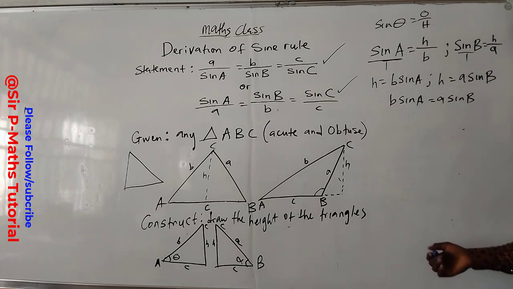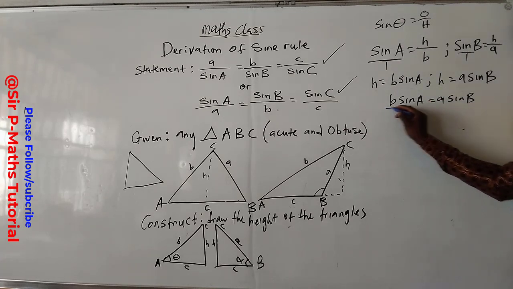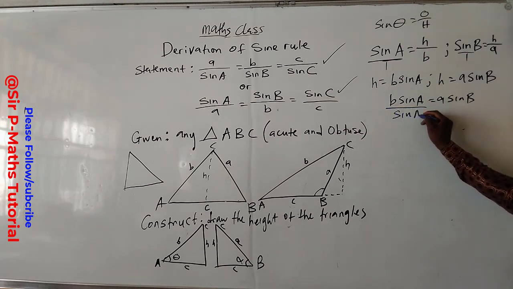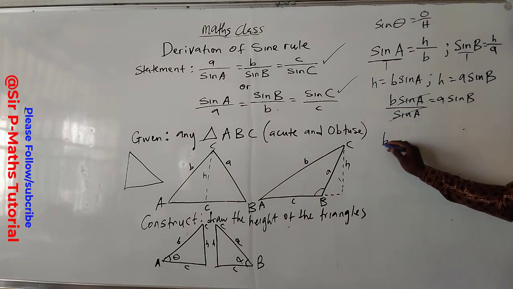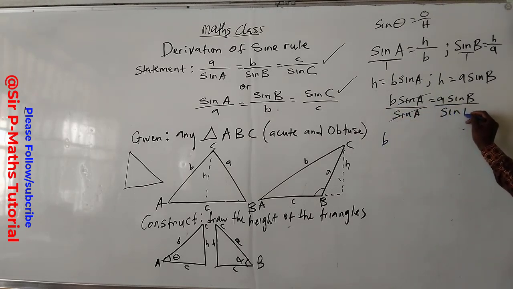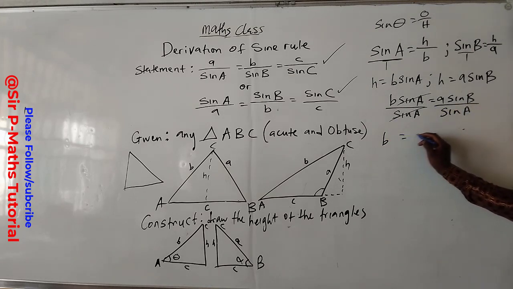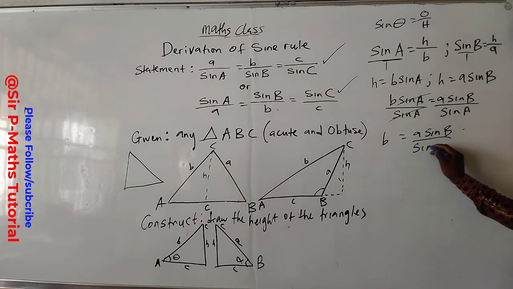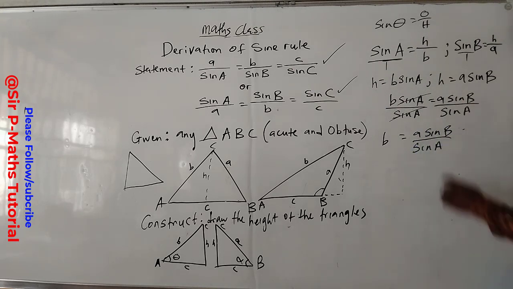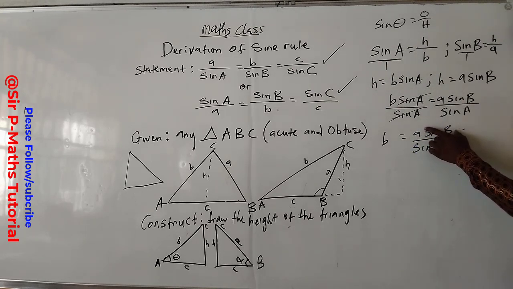But there is a way to derive it actually. Let's derive it. Divide both sides by sine a. Sine a will cancel sine a. I'll have b, okay, both sides. I'll have b to be equal to a sine b over sine a. Then we also divide both sides by sine b.